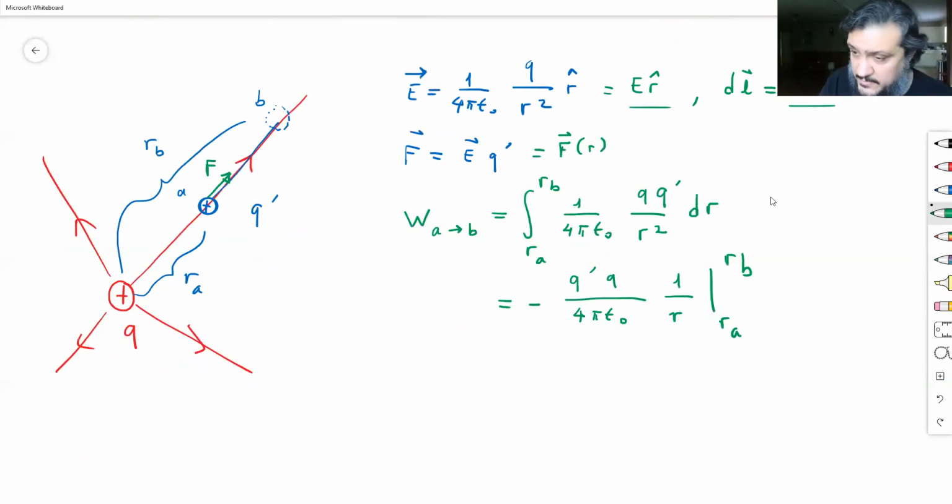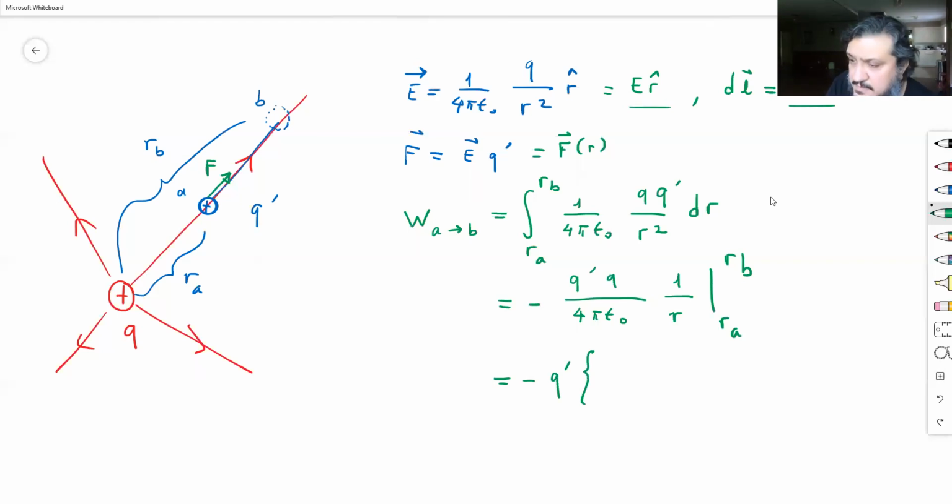So that will be equal to, now here's what I'm going to do. I'm going to factor a negative here and also q prime. And you'll see why I'm going to do that in a minute. So what is left here?